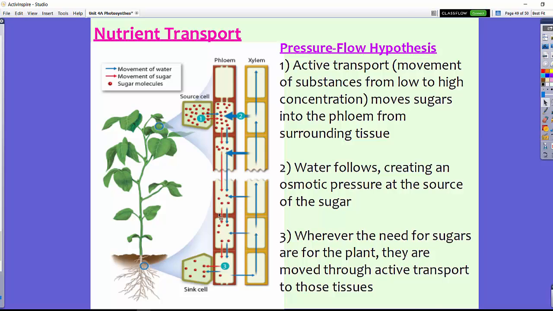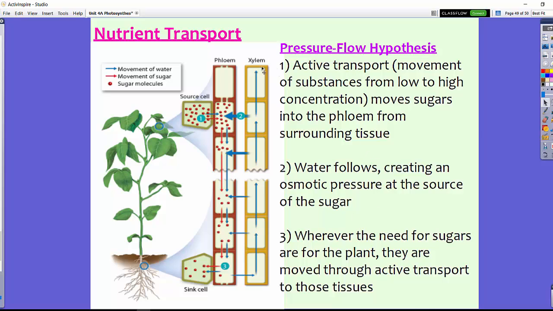We also have this phloem here, and phloem is moving all these little red dots. It's going to move the sugar molecules down the plant because the glucose is created in the leaves, and then it's going to move down because the other parts of the plant also need a little bit of food. Basically, they need a little bit of glucose in order to do what they do.